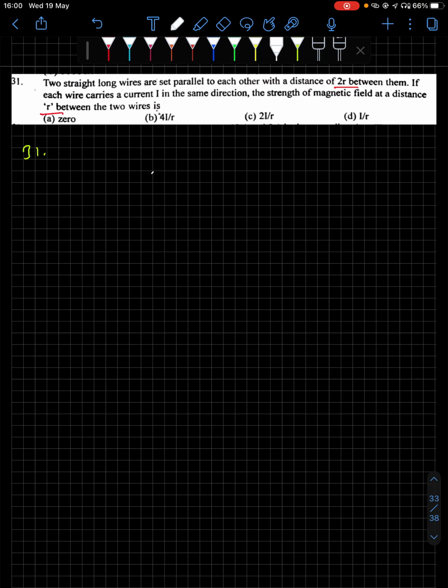You see, this can be very clearly understood. You have these two straight wires, this distance is 2r. Now both are carrying current in the same direction, right? So I. This is the first wire, number 1, number 2.